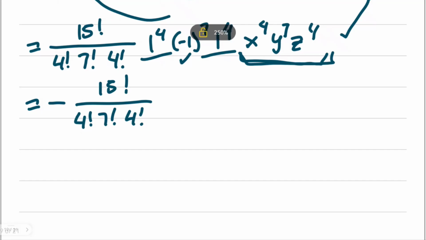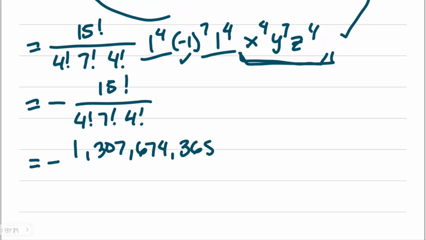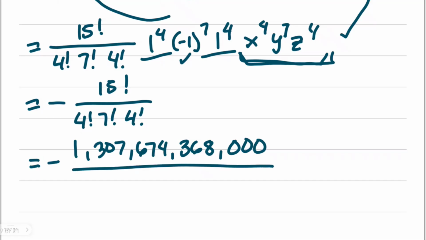Now, for this, simply try to finalize that. You can do it at once in your calculator. I'm just going to do it at once because 15 factorial is very large. I can no longer write that, but let me use another form of calculator here. 15 factorial is equal to 1,307,674,368,000 over your 4 factorial, which is 24.